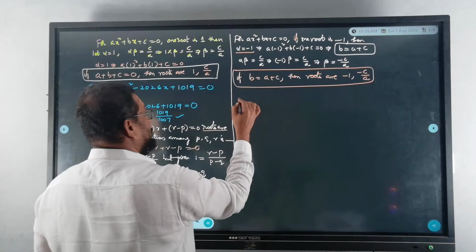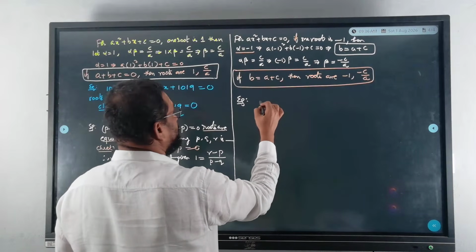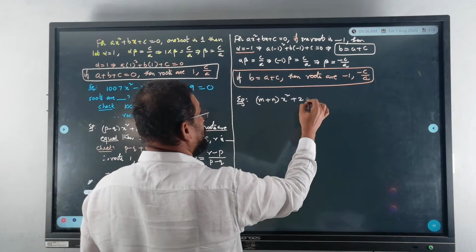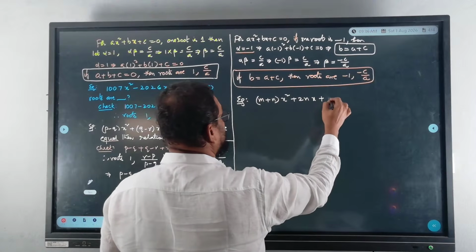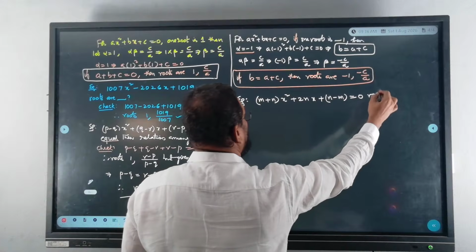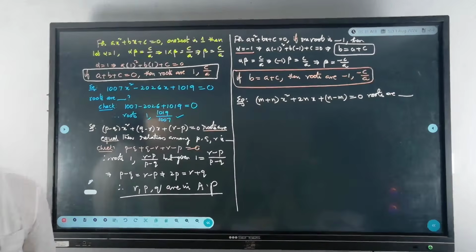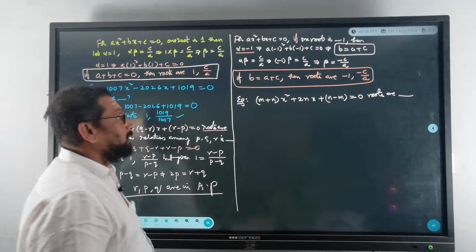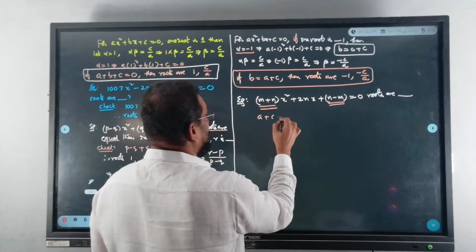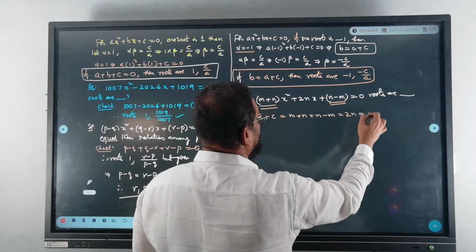For example, m plus n x square plus 2nx plus n minus m is equal to 0. What are the roots? So now what should we check? a plus c, m plus n plus n minus m is equal to 2n, which is b.